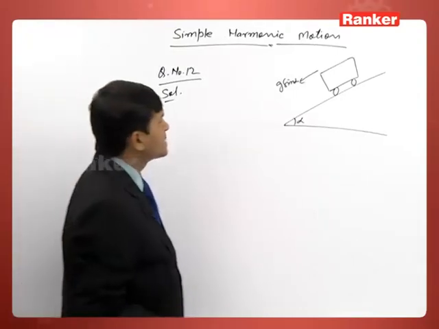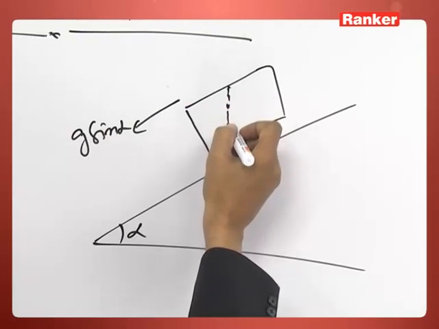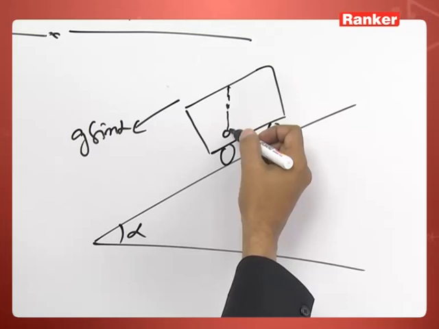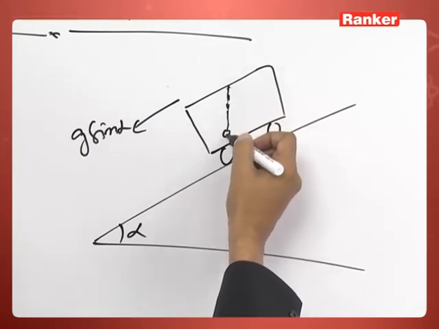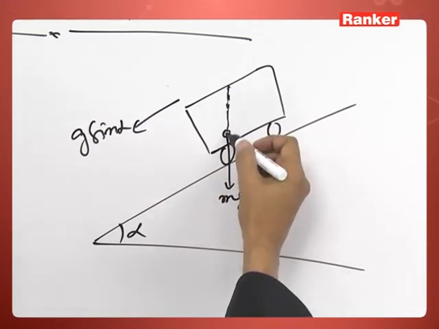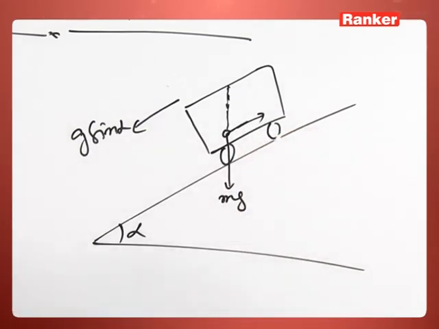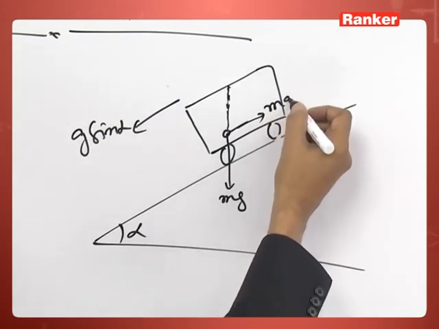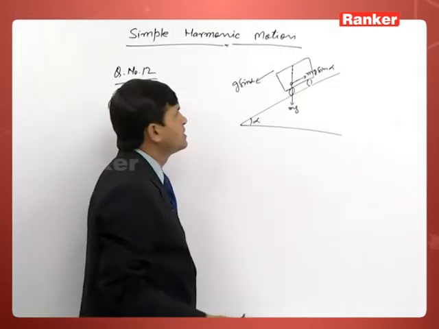Now, with respect to the trolley, this is actually the pendulum. If we make the FBD with respect to the trolley, one force is mg, and another force in this direction is the pseudo force mg sin alpha.